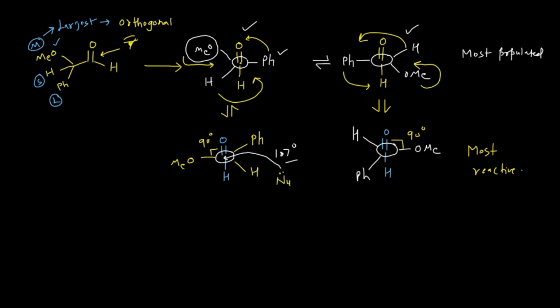Now think in another way: if you consider the earlier one and you are attacking the nucleophile from this end, the nucleophile is negatively charged and this oxygen also has the lone pair. So there would be lots of repulsion, and due to this repulsion, the reaction will not occur. That's why I have placed this OMe onto this particular plane, because it is anti to this nucleophile and the reaction is going very well. And this will give you the product.